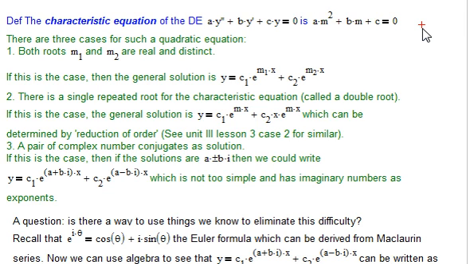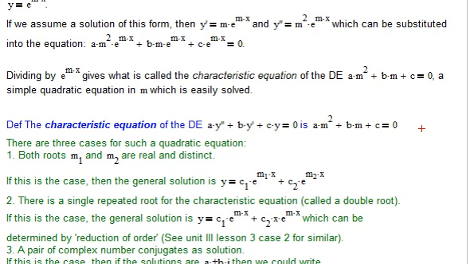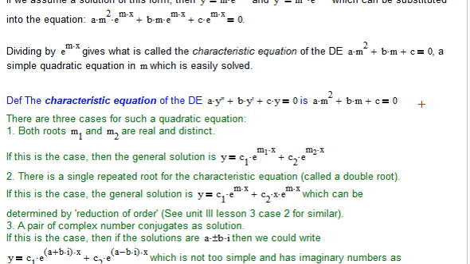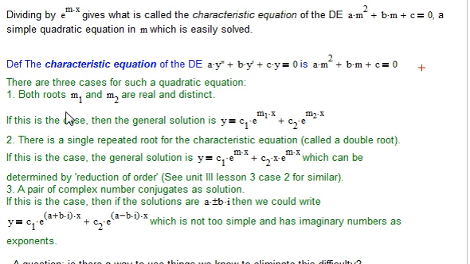Be careful, later you're going to see some other types of characteristic equations, but for a linear second order, that will always be our characteristic equation.